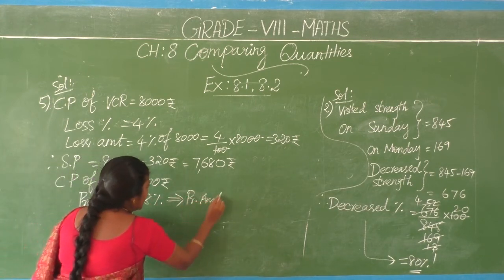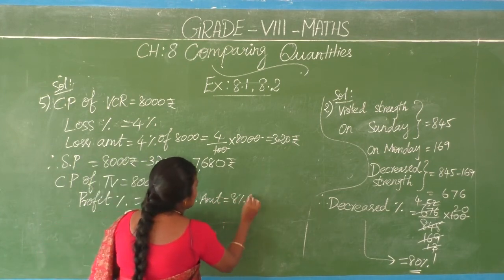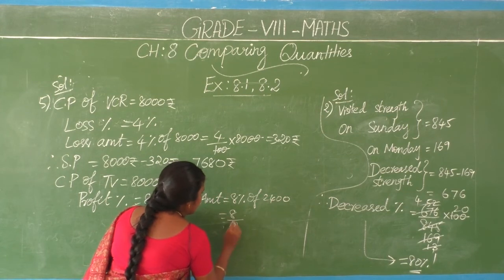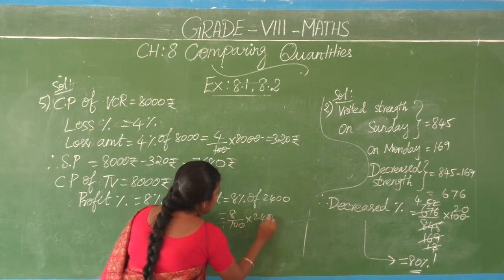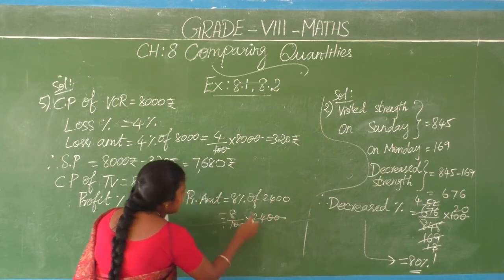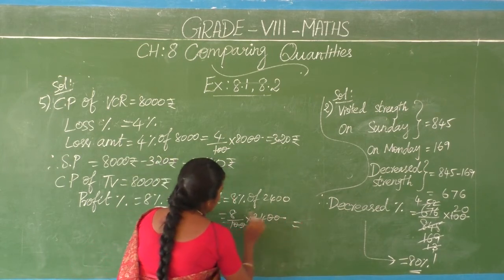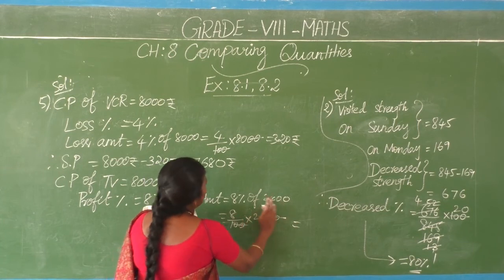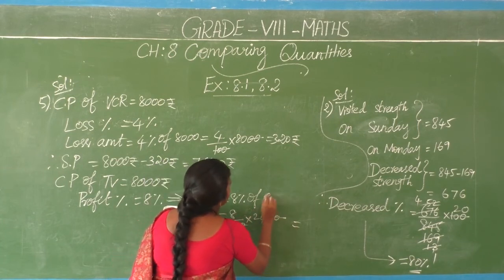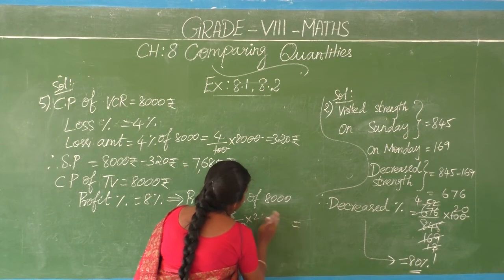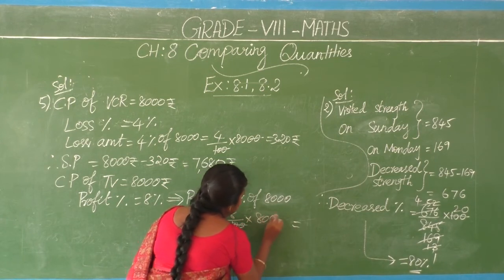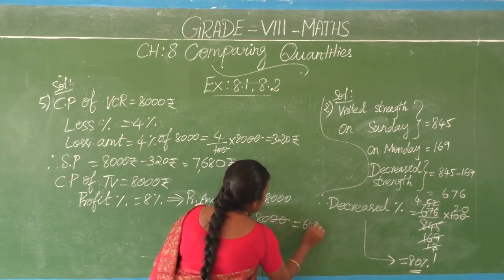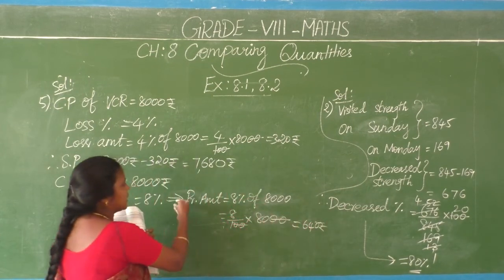Profit amount equals 8% of 8,000, nothing but 8 by 100 into 8,000. 8 8s are 64. 640 rupees he got as profit while selling this TV.